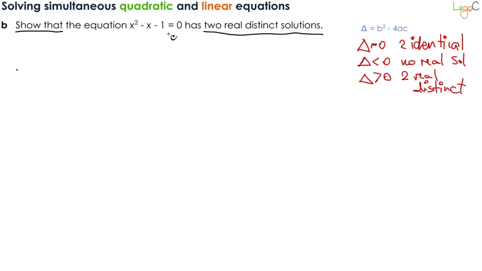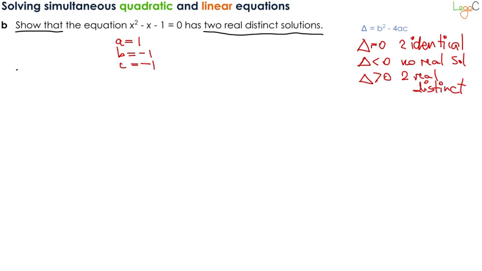Well, so let's calculate delta, the discriminant for this equation. What we are going to need is a, b, and c. And just recall that a is the coefficient of x squared, which is 1. b is the coefficient of x, which is negative 1. And c is the constant term, which is also negative 1 here.